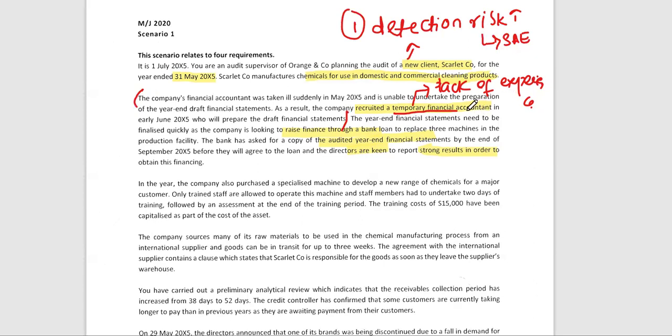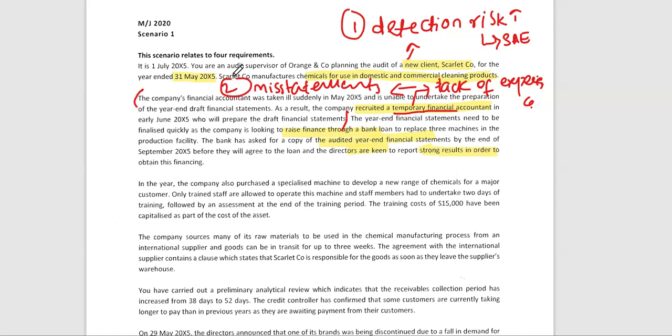And also he will have less understanding about the company's activities, so there could be many errors and omissions in the financial statements. Please remember guys, you will do it in 2 steps. You will explain the risk and you will link it with financial statements. We have to tell where there is overstatement, misstatement, or understatement, or where the disclosures are inadequate. Here, because of his lack of experience and less understanding about the activities of the company, we are afraid that he might make a lot of errors or omissions, or we can say misstatements in the financial statements. So this was the second risk.